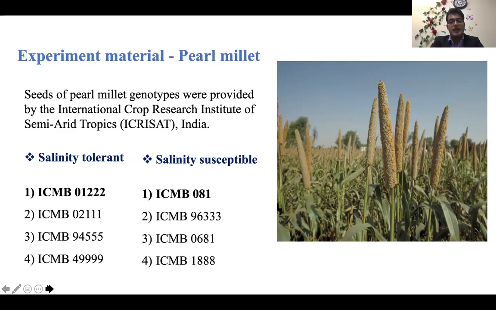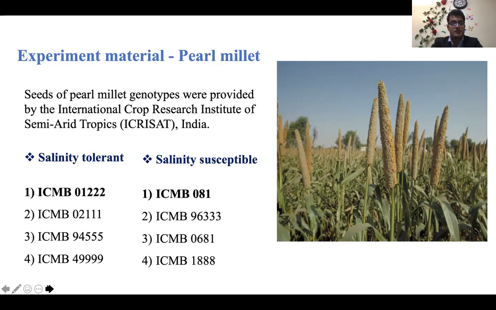They provided 8 lines, 4 were salinity tolerant lines and 4 were salinity susceptible lines. Then we conducted some trials in the greenhouse for salinity stress tolerance and susceptibility to have the perfect lines for our future RNA sequencing experiment or transcriptome studies.